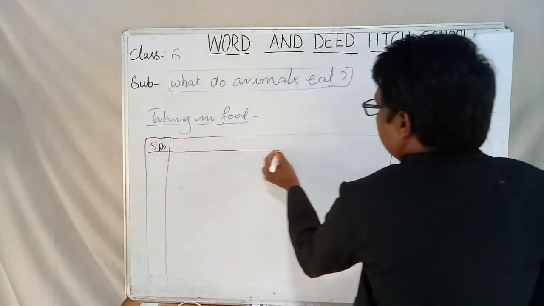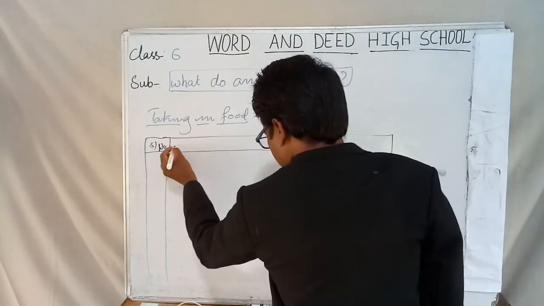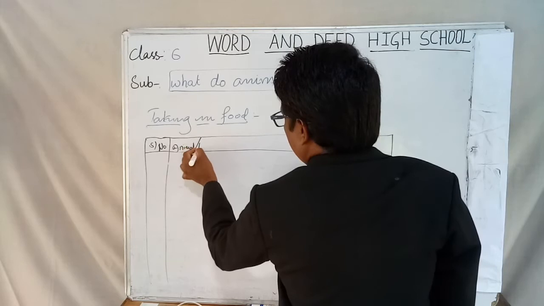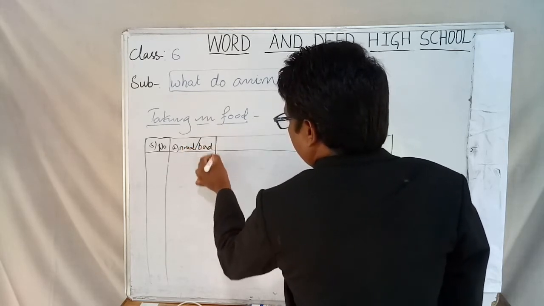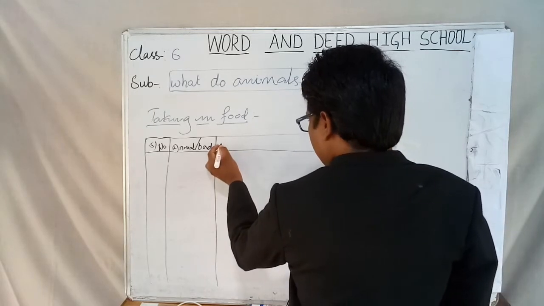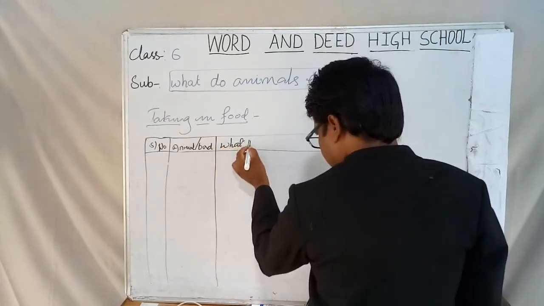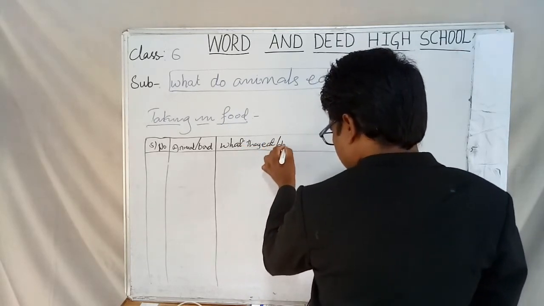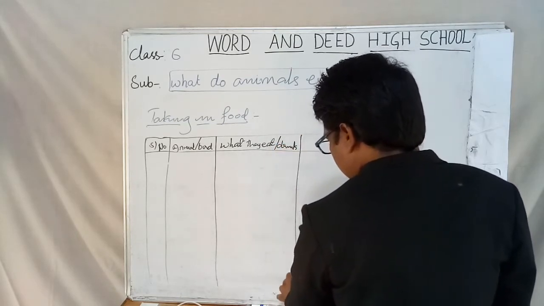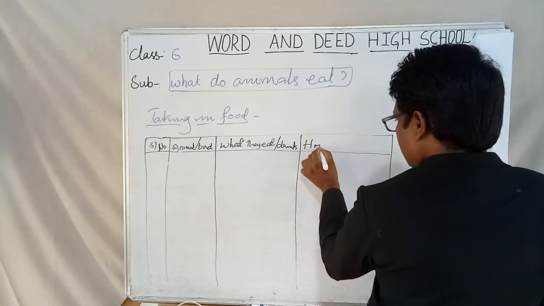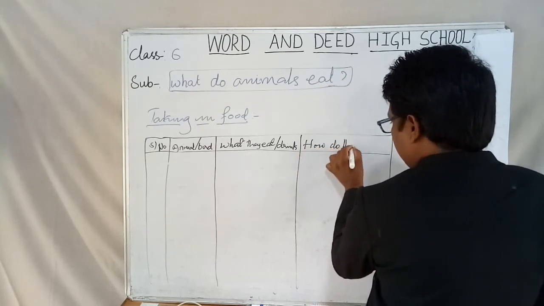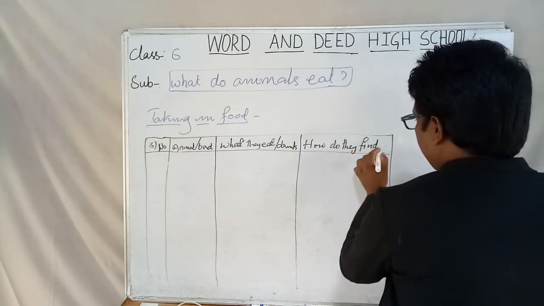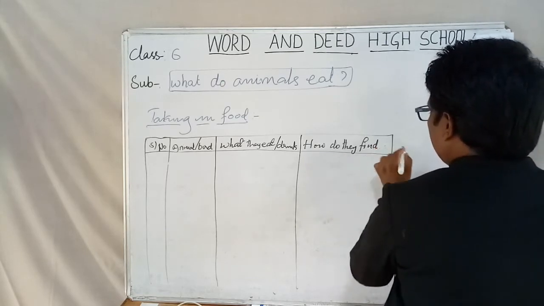Serial number, animal or bird, what they eat or drink, how do they find their food?